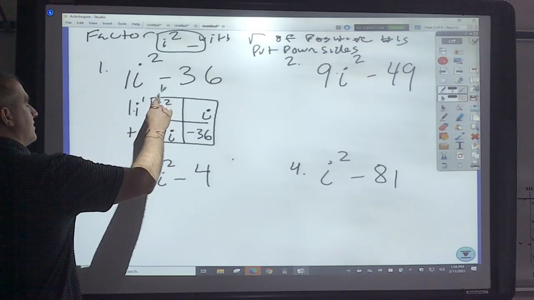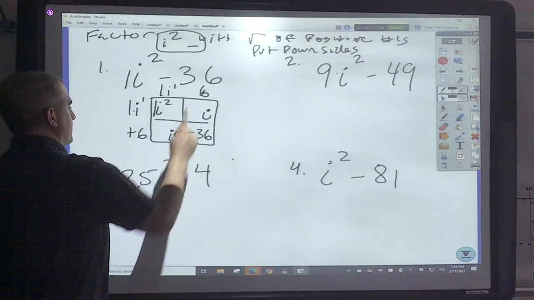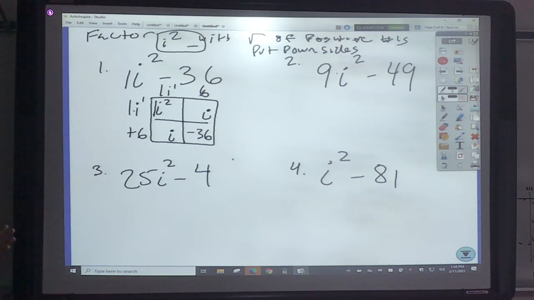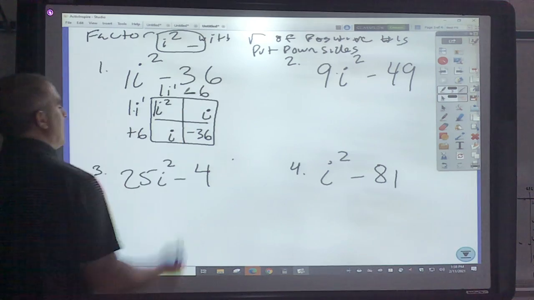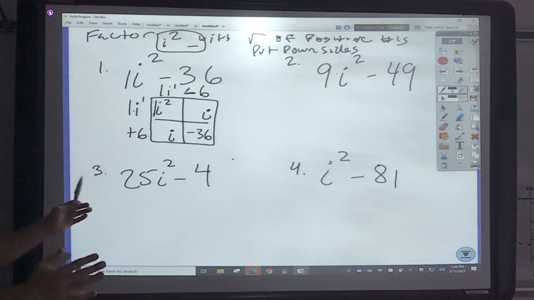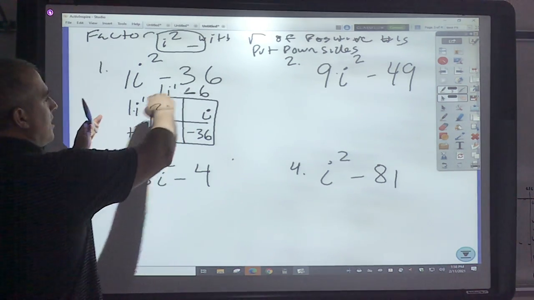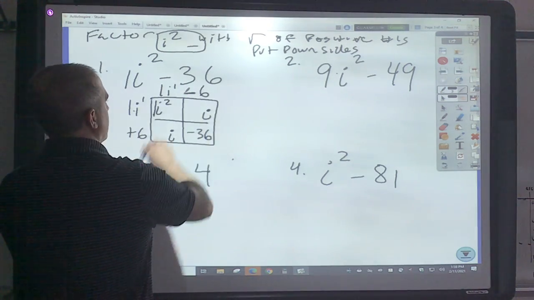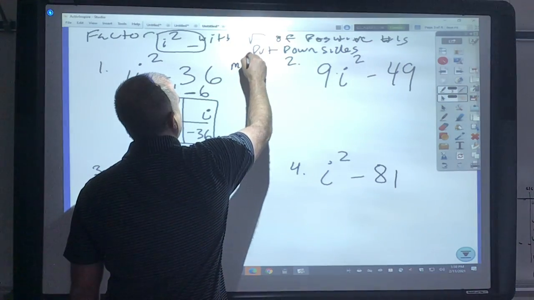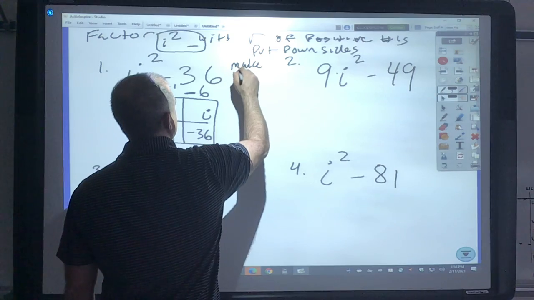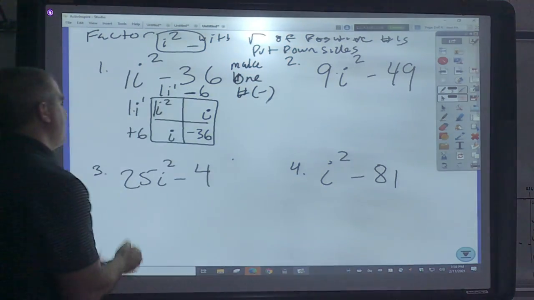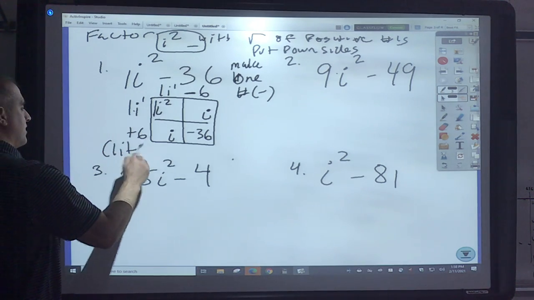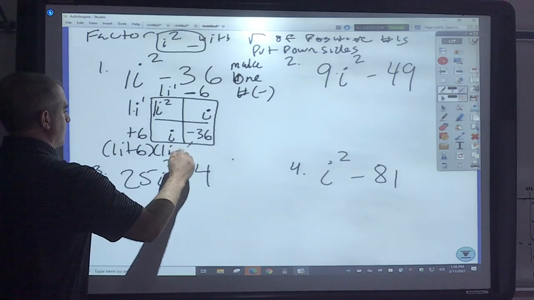So the idea is that I can write these like this. The only trick to this is this times this has got to give me that, so that's going to be minus 6. So take the square roots, put the numbers on the sides of the boxes, and make one number negative. So my factors are 1I plus 6, 1I minus 6.